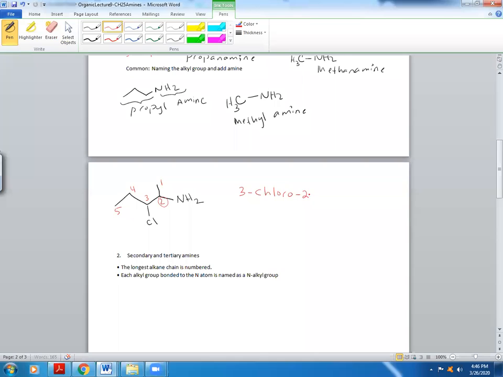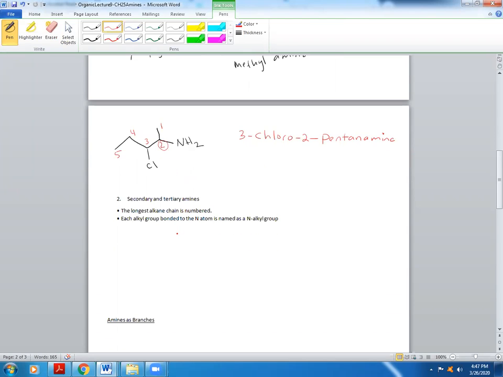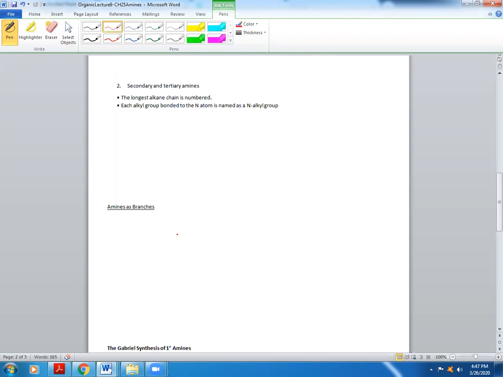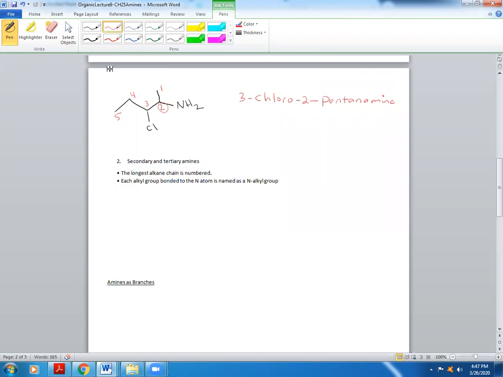So we say 2, and what is 5? If it was just an alkane, it would be pentane, but you say pentanamine. That's all it is. If you have more chains, bigger chains, more substituents, you add them. There is nothing else that you can really discuss other than this.